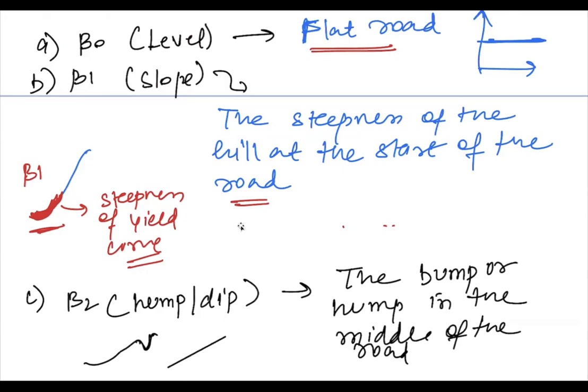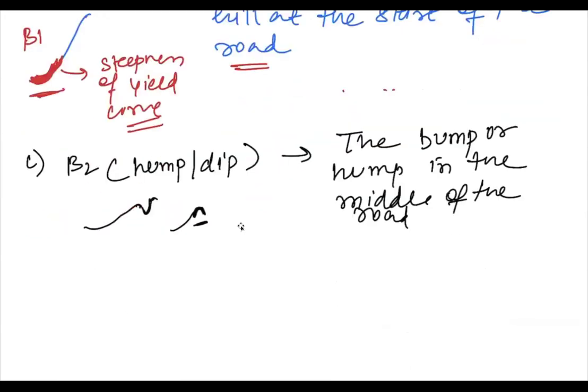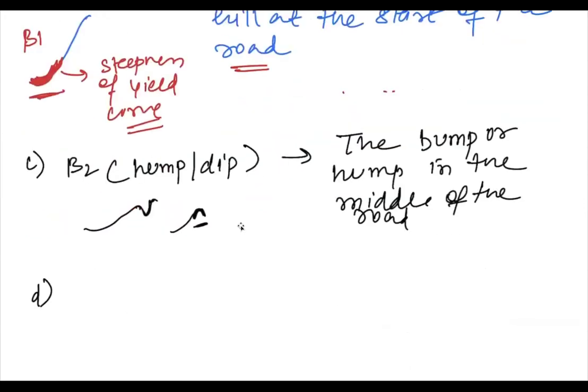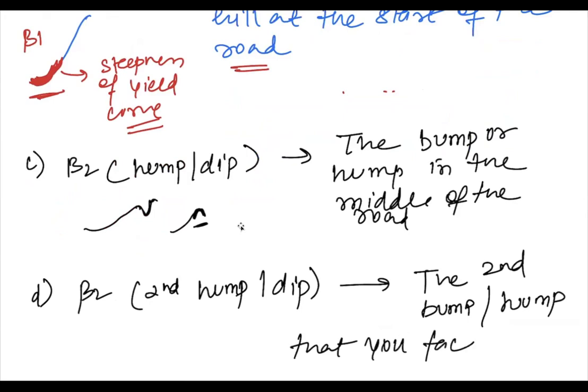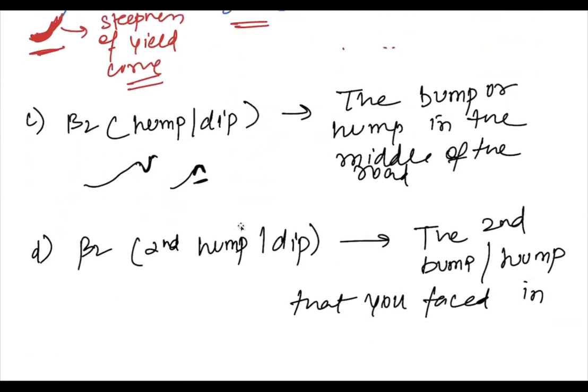That's your beta 2. Similarly, what is beta 3? It is your second hump or dip. You can always say it is the second bump or dip that you faced in the middle of the road.